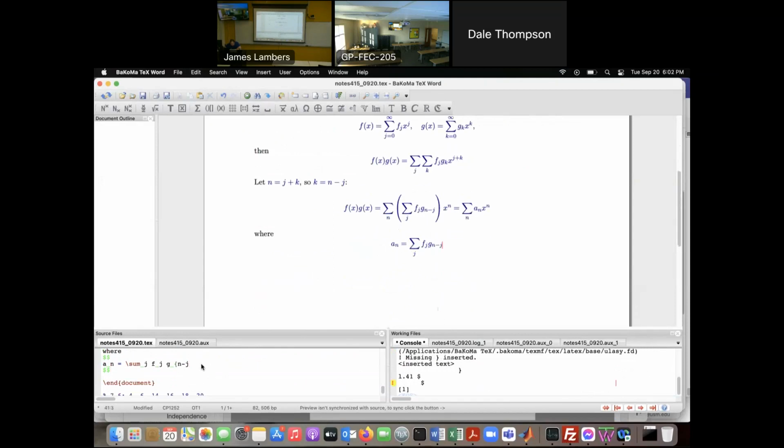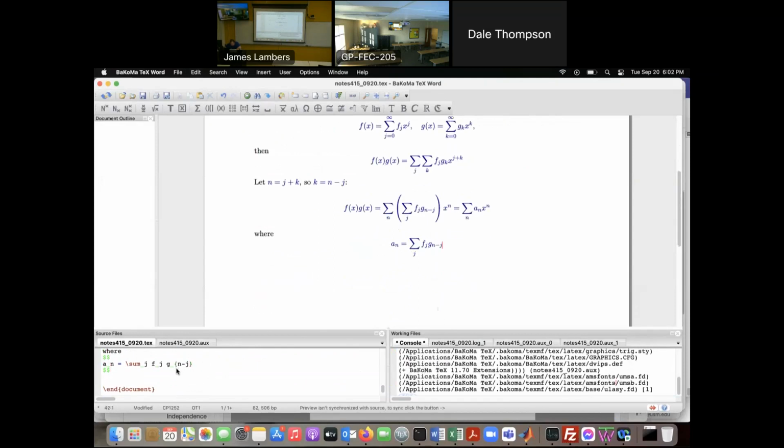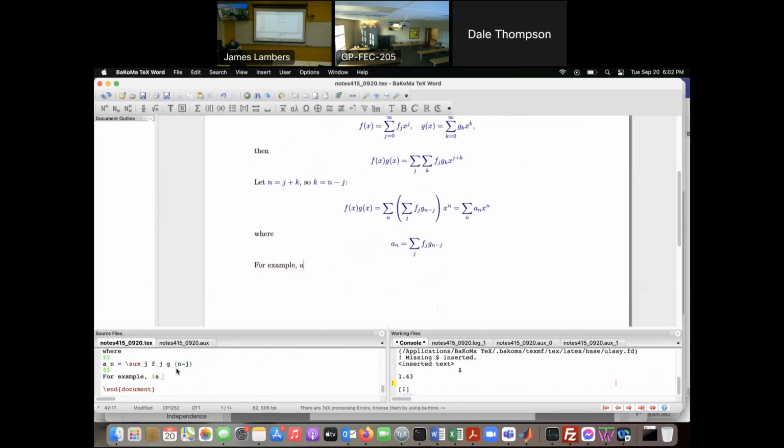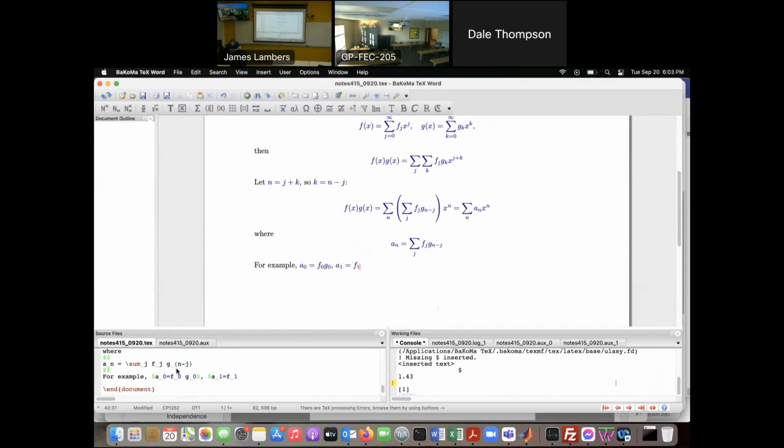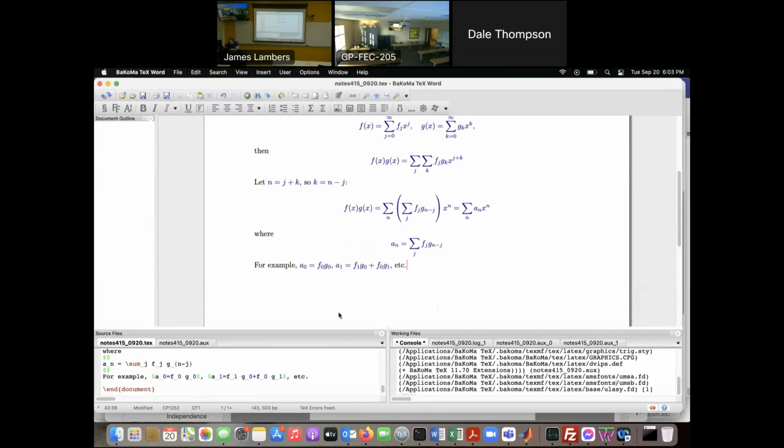So then the lowest degree cases can be worked out. A0 would just be F0 G0. A1 would be equal to F1 G0 plus F0 G1. All possible combinations of indices that sum to the index here. That way you can get a handle on what the integral equation is, even though it's a very big abstract case, and see what you get.